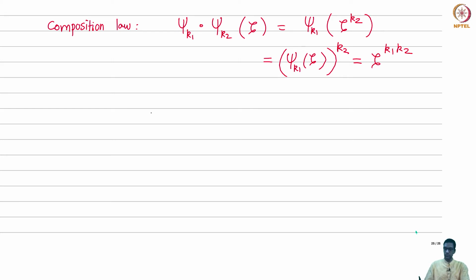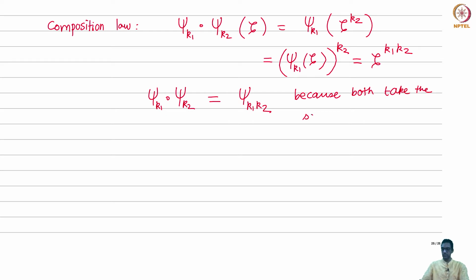Therefore the composition psi k1 psi k2 must be the same as psi of the product k1 k2, because they take the same value on zeta. And of course on Q they are both necessarily the identity.